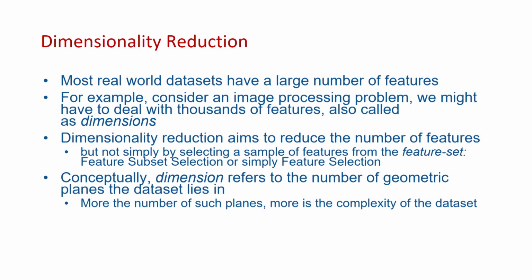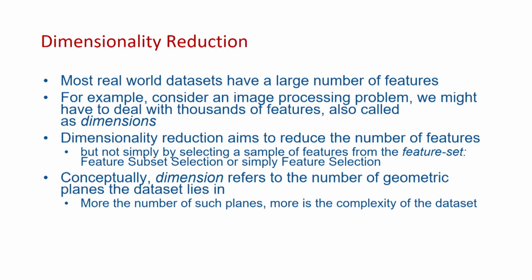The next step of data pre-processing can be dimensionality reduction. If your data set has a large number of features and you do not know whether all the features are important or not, then you may want to reduce the number of features, and this is called dimensionality reduction.